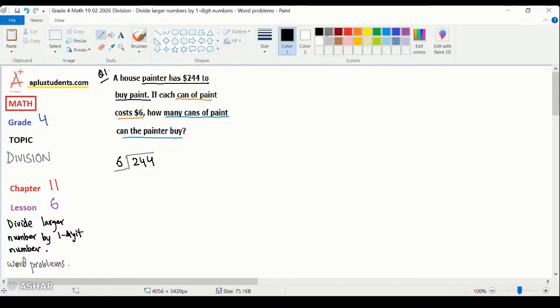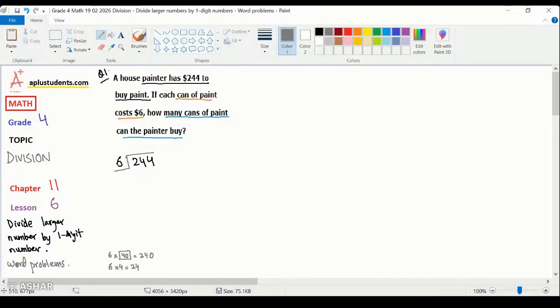We know that 6 times 4 is 24. Agreed? So we also know that 6 multiplied by the number 40 would mean 6 times 4 is 24, and we put a 0.